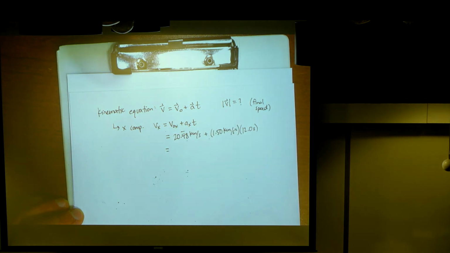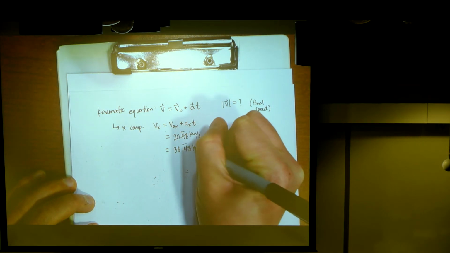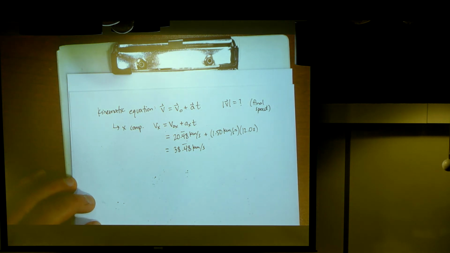So if you work this out, what do you get? 38.48 kilometers per second, I agree. So that's the x component of your velocity at the end.